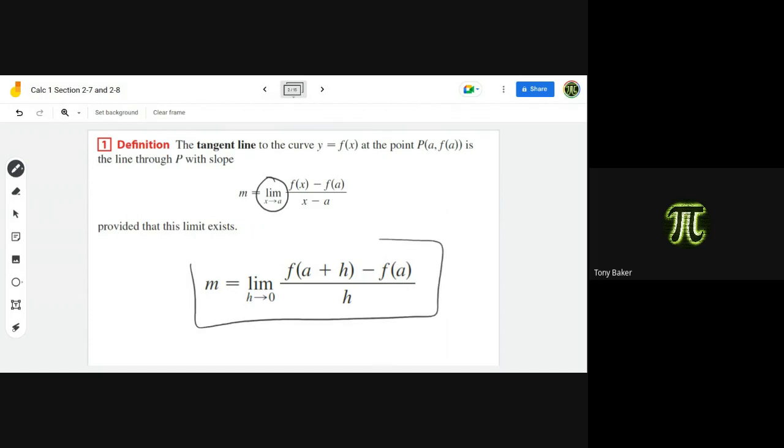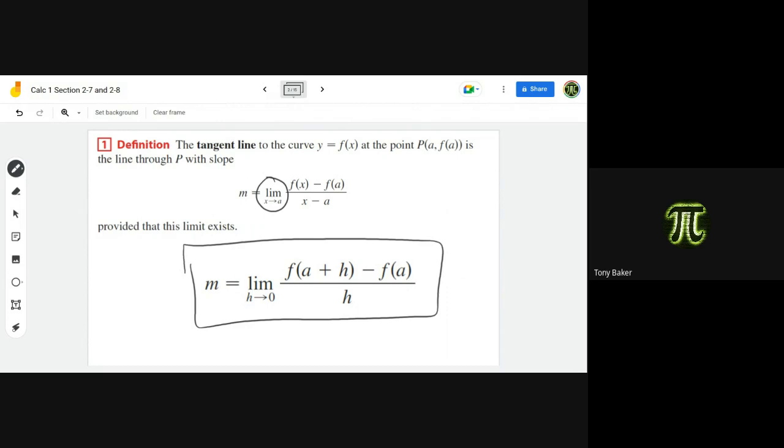This right here, you're going to see a ton, in a variety of forms. It's going to be x and h and a and h and a bunch of different letters in there. But that is basically the definition of a derivative. You're going to see that formula come up like 3 times in these slides. So we're basically looking at it in terms of as h goes to 0.